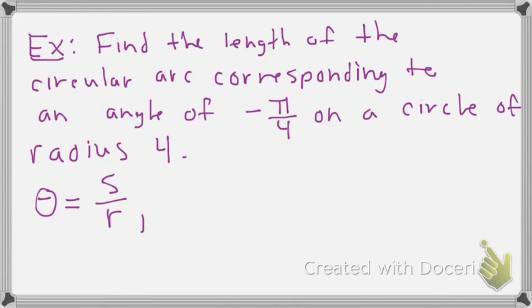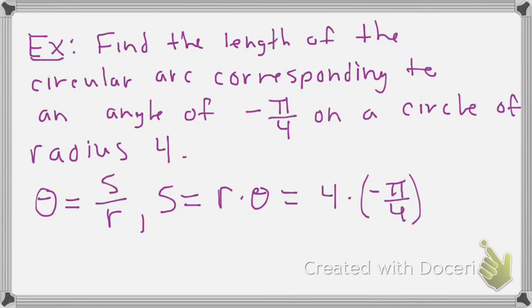Now, since we're trying to find the arc length, if you solve this formula for the arc length s, you just multiply both sides by r, and the arc length always just ends up being the radius times the angle itself. So for us here, the arc length is going to be the radius of 4 times the radian measure of the angle minus pi over 4, and you end up getting minus pi, since the 4's will cancel each other off.